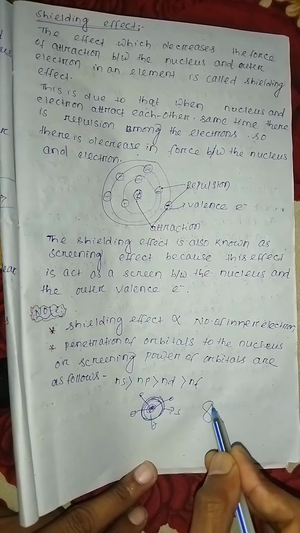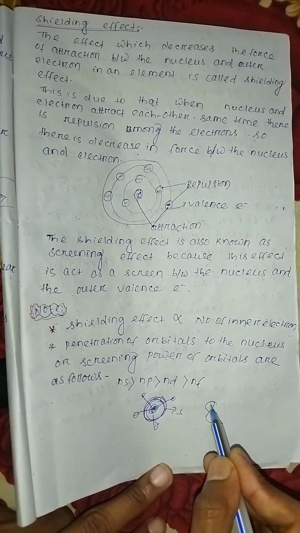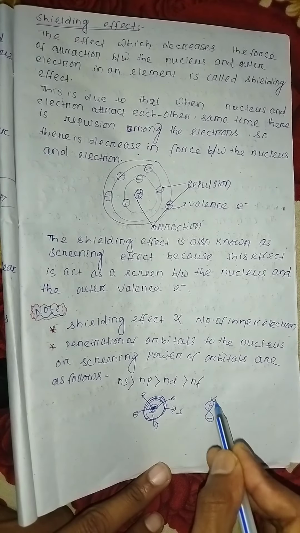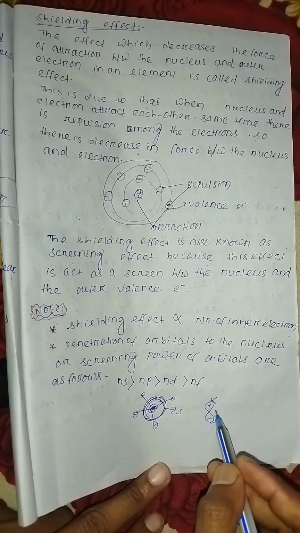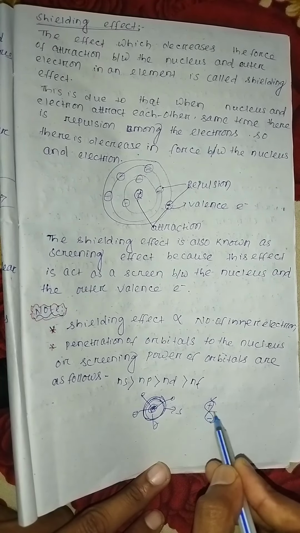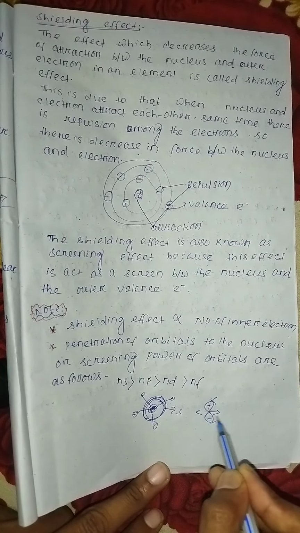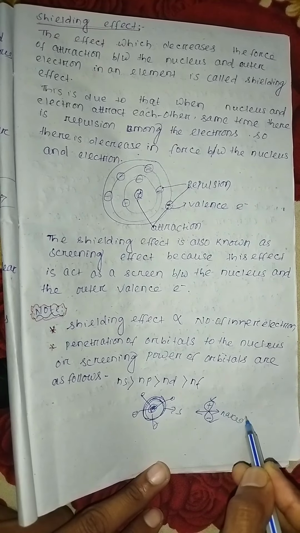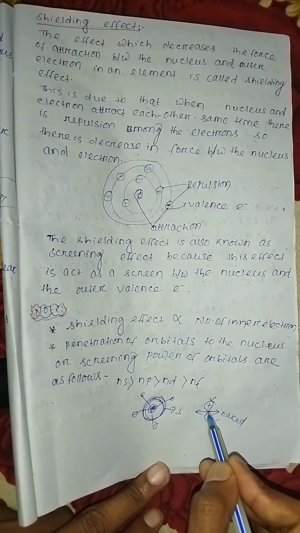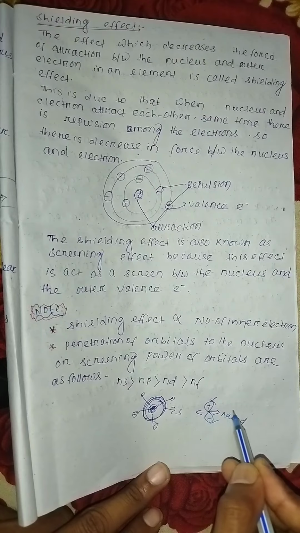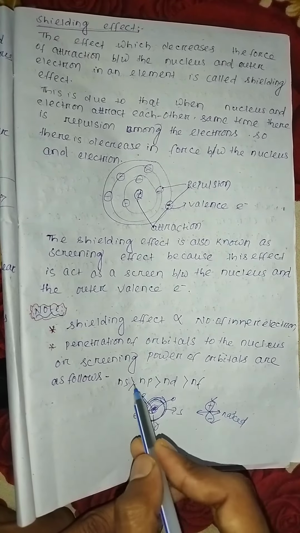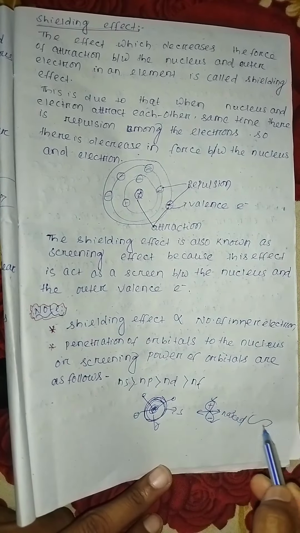But the p orbital has a dumbbell shape, so the two lobes act as a screen between the nucleus and the outermost electron, but the sides in between are naked or gapped, so the positive charge of the nucleus can attract the outermost electron through them. And the d orbital is a double dumbbell.